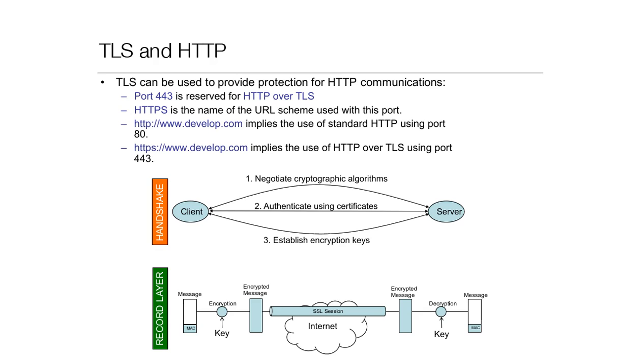In this diagram, you can see the message authentication code is generated to ensure the integrity, and the encryption is done to provide the confidentiality, and the encrypted message is sent through the internet. Because this is an encrypted message, confidentiality is ensured, and this message authentication code tag, MAC tag, provides the integrity for this message.